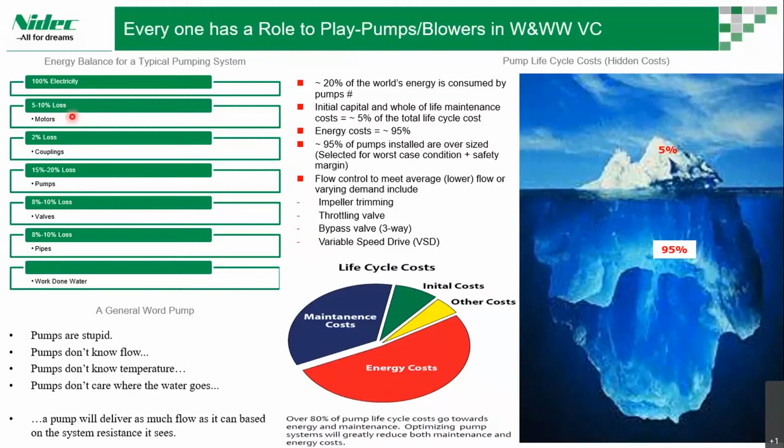If we change to a high efficiency motor itself, it saves around 6 to 8% of energy. There are 2% losses in the couplings, and pumps have 15 to 20% losses, which is the highest energy loss. The valves have 8 to 10% loss, the pipes have 8 to 10%, and the work done on the water is the summation.